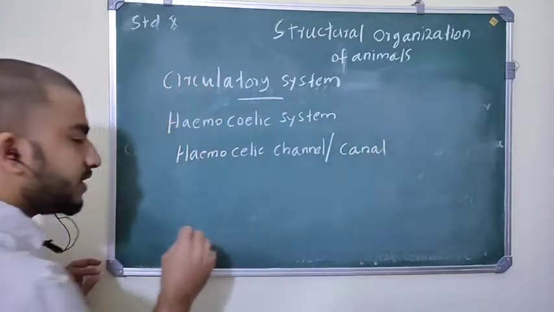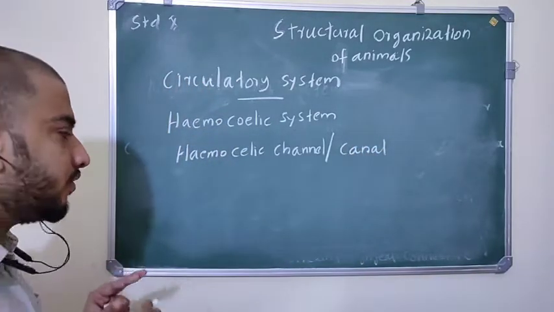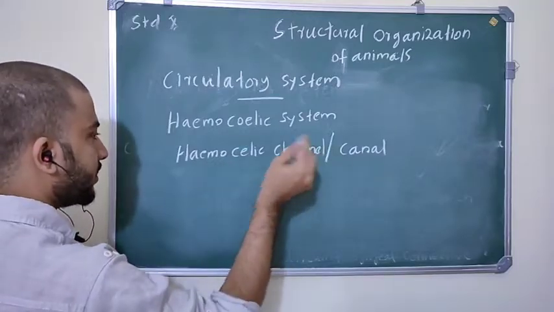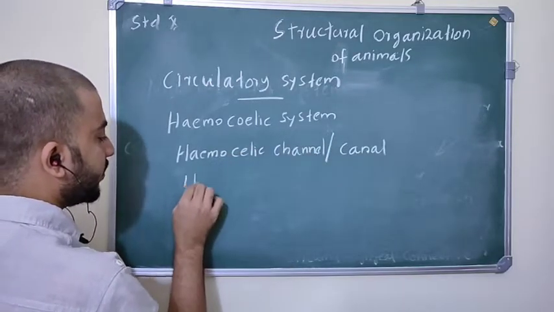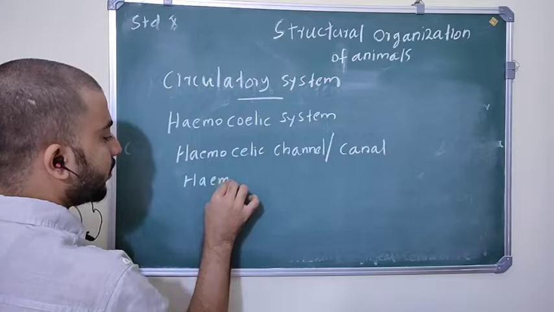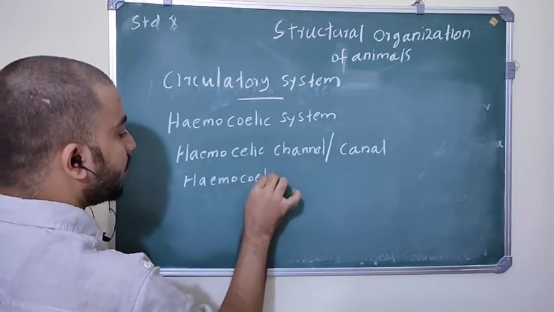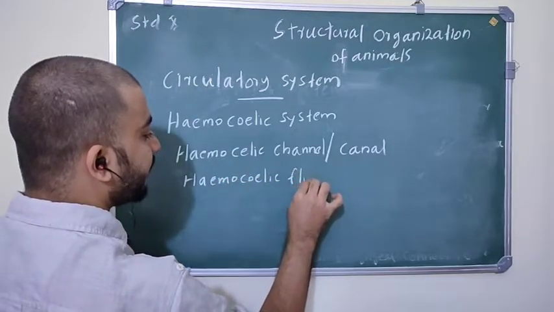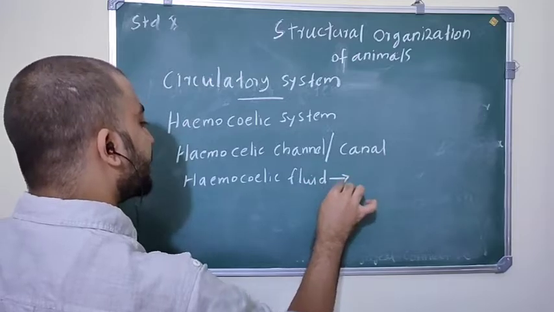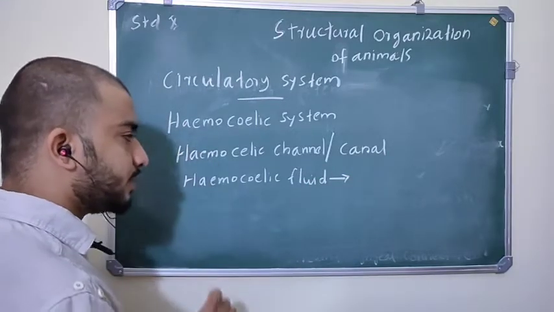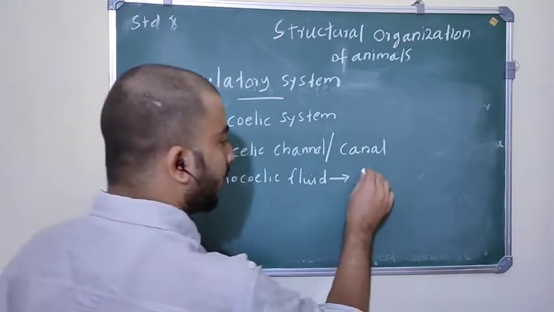Okay, these hemocoelic channels are filled with hemocoelic fluid, which we already discussed, and this hemocoelic fluid contains the respiratory pigment hemoglobin.